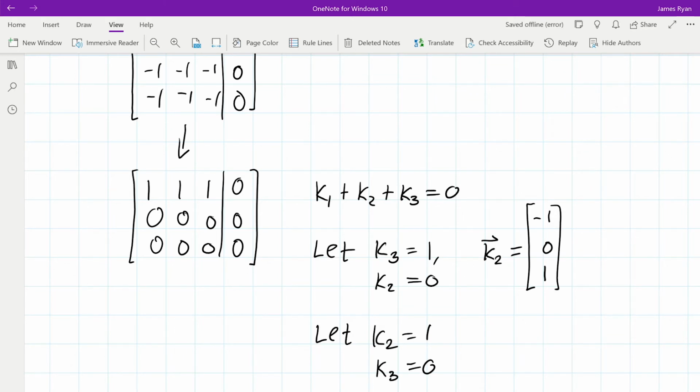That will give us the eigenvector k3, -1, 1, 0. So we can get both of these eigenvectors from this one eigenvalue, and they're linearly independent.